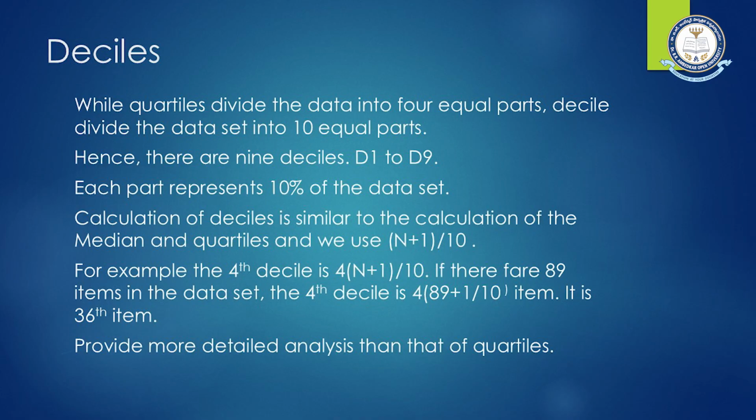If there are 9 items in the data set, the fourth decile is 4 into (9 + 1) / 10, that is 4 into 1, which is the 4th item. It provides a more detailed analysis than quartiles. Deciles provide more description of the data, because we calculate 9 deciles. In the case of quartiles, we calculate only 3 quartiles.